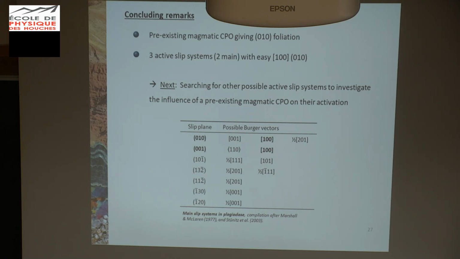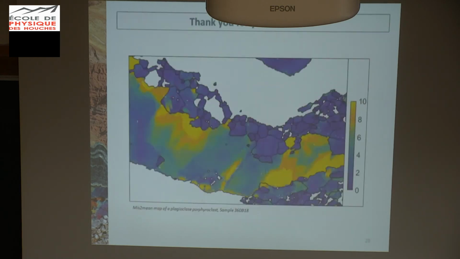And so the next step for me is to search for the other possibly active slip systems in order to investigate the influence of this pre-existing magmatic CPO on the possible activation of slip systems. Thank you.